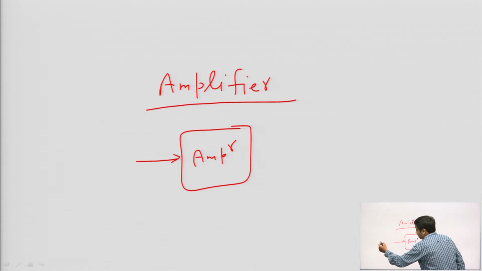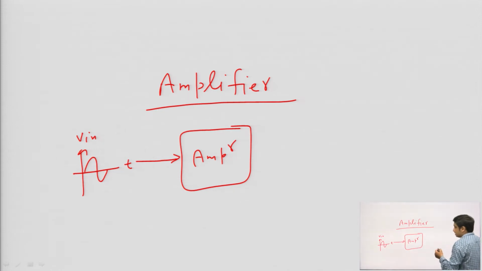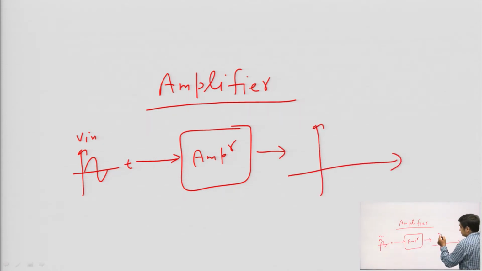In amplifier if we are applying a sine wave like this, this is your input Vin versus time t, then at the output we should get the output waveform like this one, amplified version.